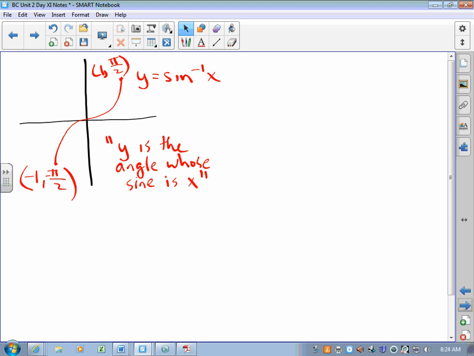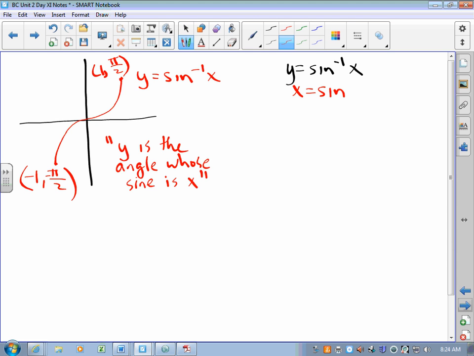So that function is smooth, and since it's smooth, it has a derivative. And if it has a derivative, we should be able to find it. And I think we will. What do we know? We know that if y is the inverse sine of x, then x is equal to the sine of y.